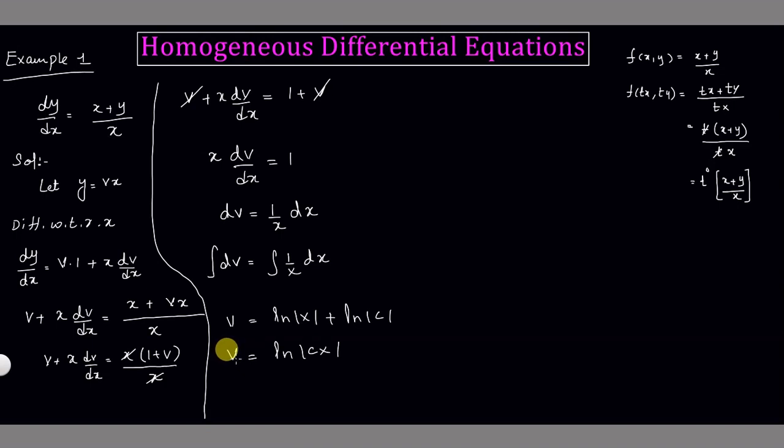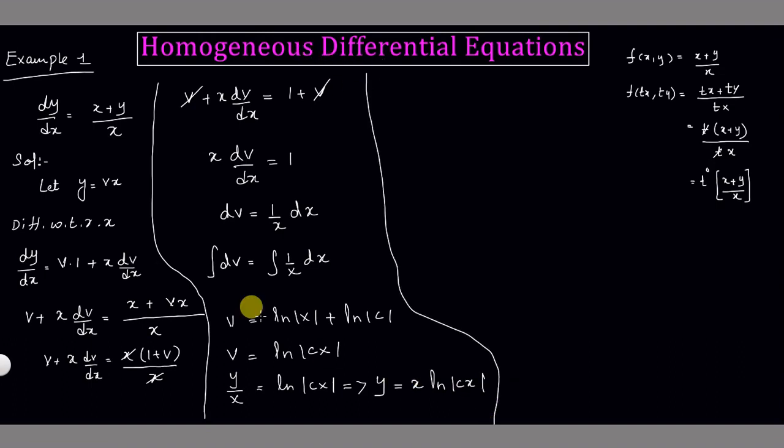So v will be y over x. This is your final answer, and if you want to simplify further, you will get y equals x natural log of cx. So this is the way we will solve the homogeneous differential equation.